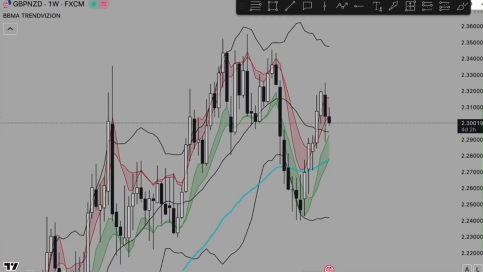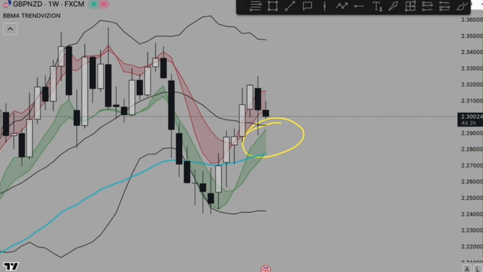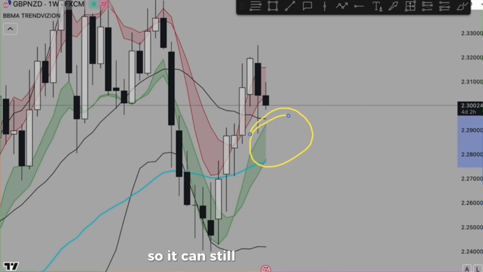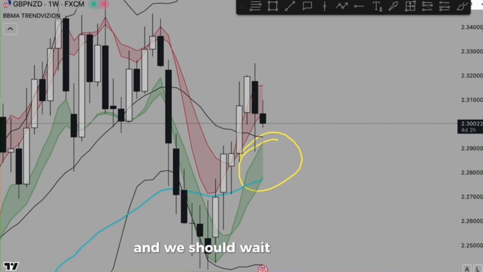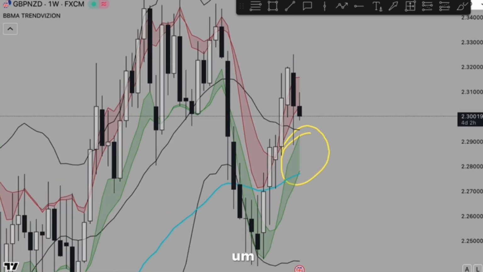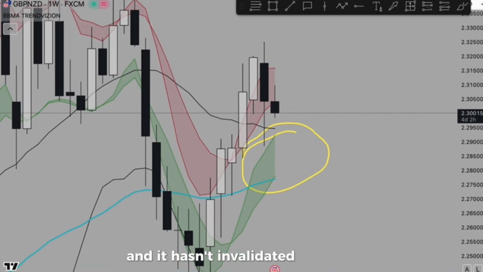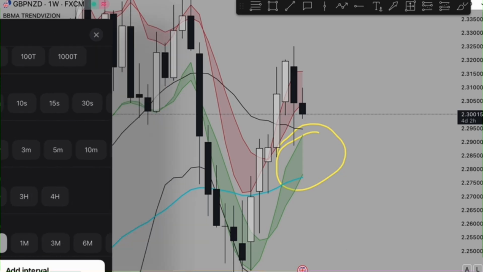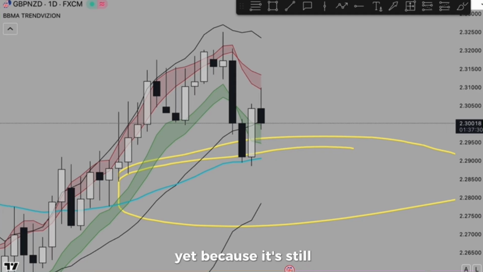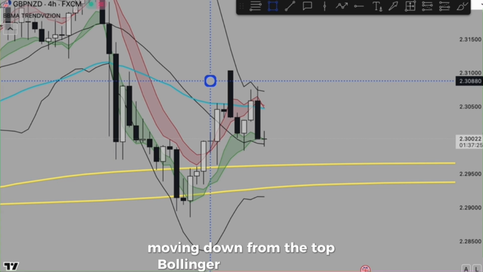Well, look at here. Re-entry zone weekly. So it didn't touch the MA low, so it can still do the re-entry, and you should wait before you take buys, because it didn't go to a re-entry buy zone, and it hasn't invalidated the daily sell yet, because it's still moving down from the top Bollinger Band area here.